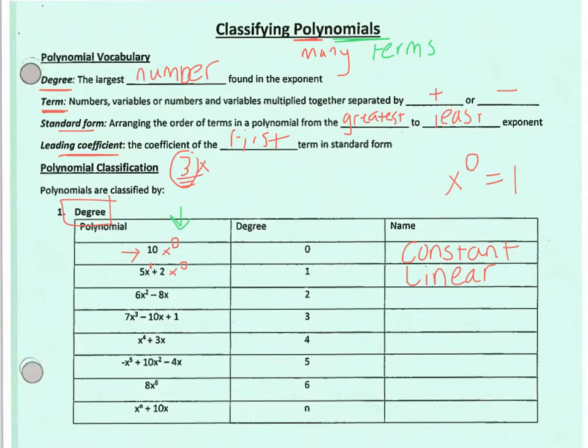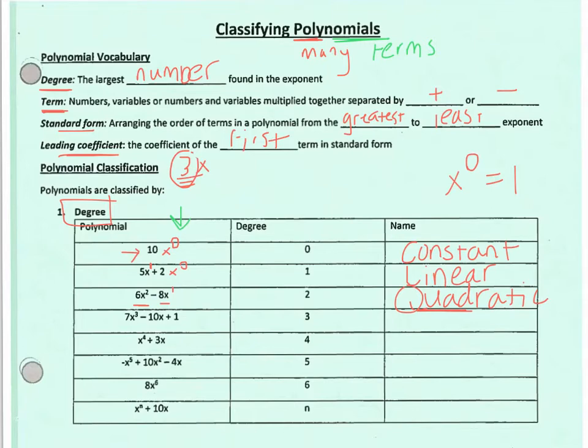Next example, again in standard form because it goes from second degree to first degree. Standard form always goes from greatest to least. And the highest exponent is 2, so it's a degree 2, which we call a quadratic polynomial. I know that's kind of counterintuitive because we often think of the word quad as meaning 4, but in this case it means 2.